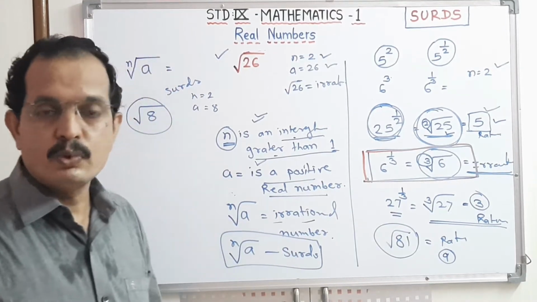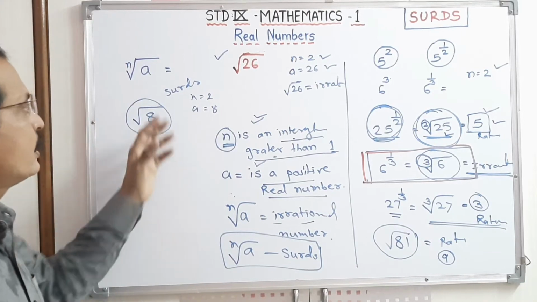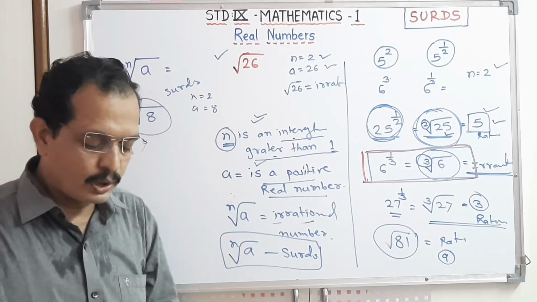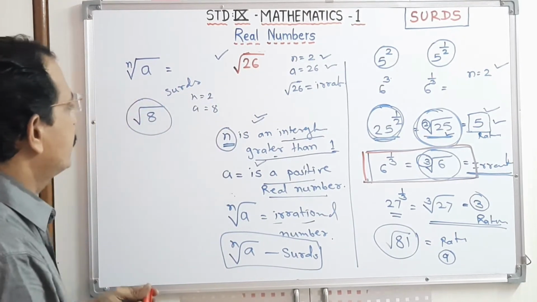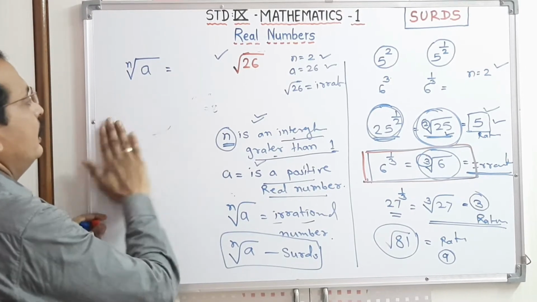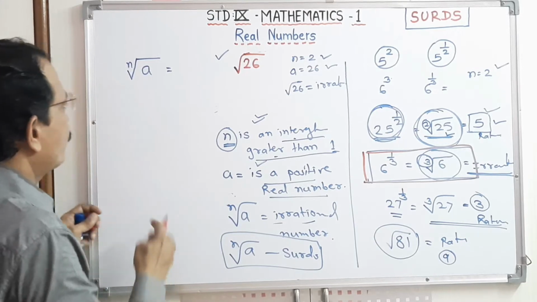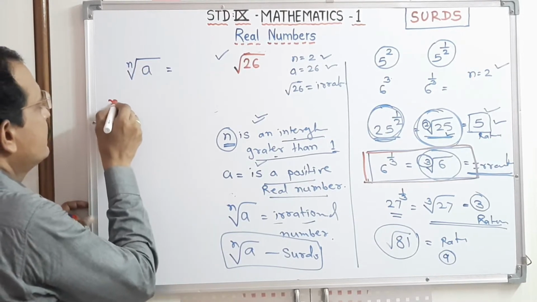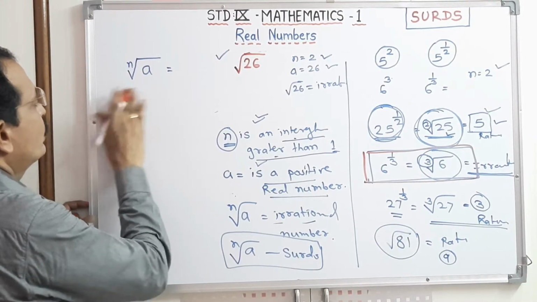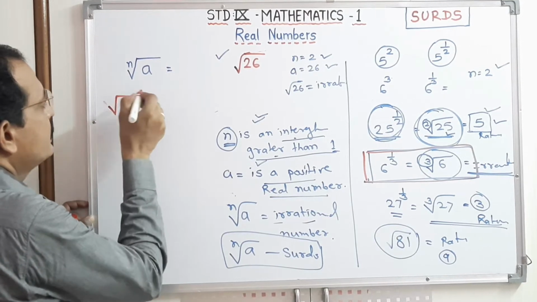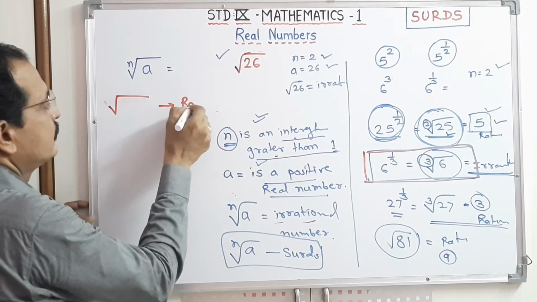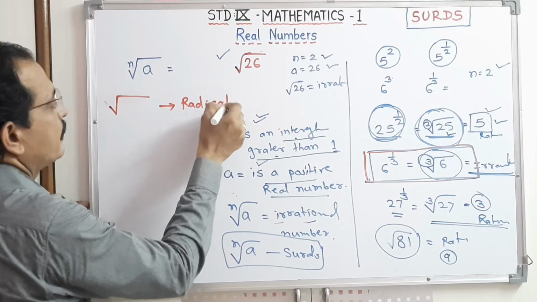There are some words or some concepts related with the surd that we have to learn now. See here, I write nth root of a. Now in this case, first of all we have to see this sign. This sign is called a radical sign.